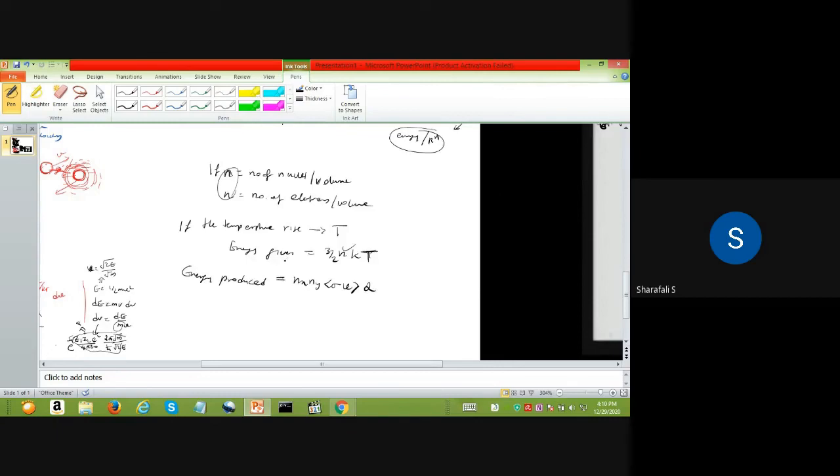Per unit time. So if you have tau seconds, where tau is the time, this is nothing but the confinement time.